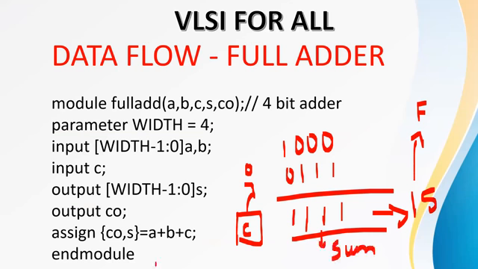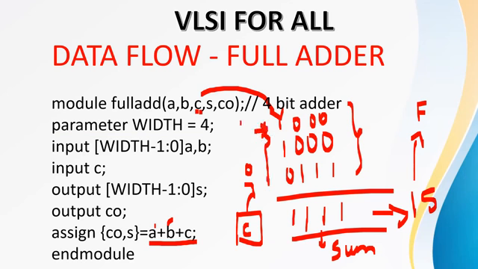Right? So what I'm doing is I'm adding these 3 bits, that is A, B, C. You can take any of the bits, 1, 0, 0, something like that. When you add all these 3, you should get carry. For example, let me add these 3 bits. This is A, this is B, and this is C. 0, 0, 1 is 1. 0, 0, 1 is 1. 0, 0, 1 is 1. 1 plus 1 is 0, and we have 1 carry.